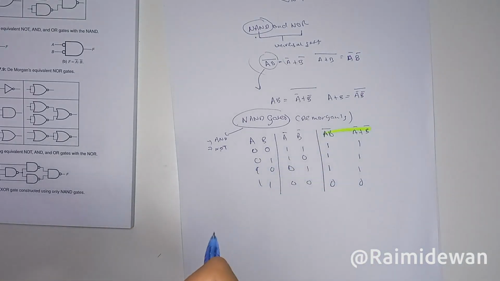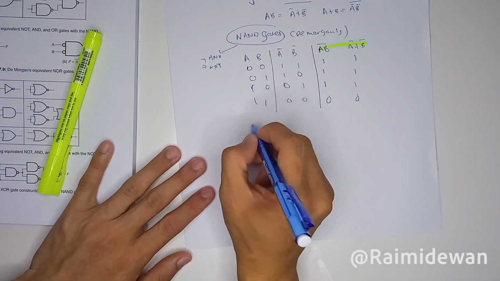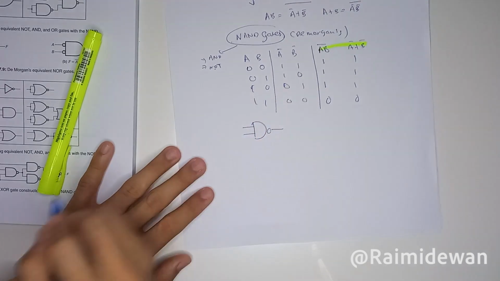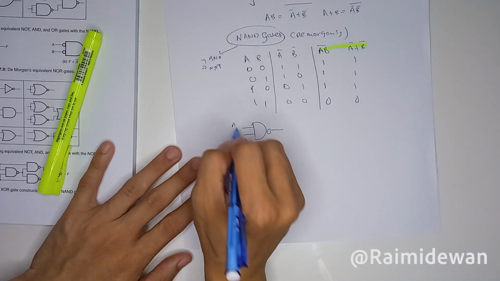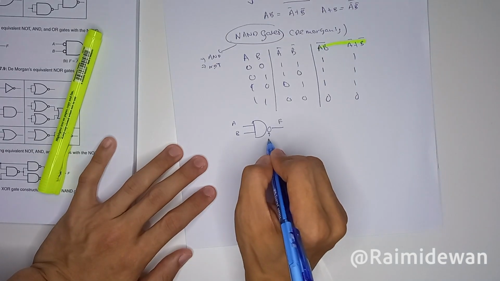So how do you make it into a circuit diagram, I mean schematic. This is the original, A, B bar, F. This is the NAND gate. This is actually your NOT.